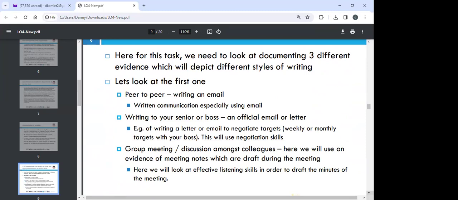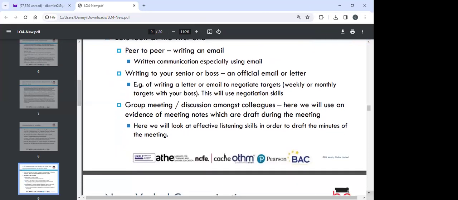Then writing to a senior boss or a senior manager should be an official email or letter. For example, write a letter or email to negotiate targets, weekly or monthly, with your boss. This will use negotiation skills. So it should be official. Your colleague may be unofficial, but when dealing with your manager and your bosses, it should be official.